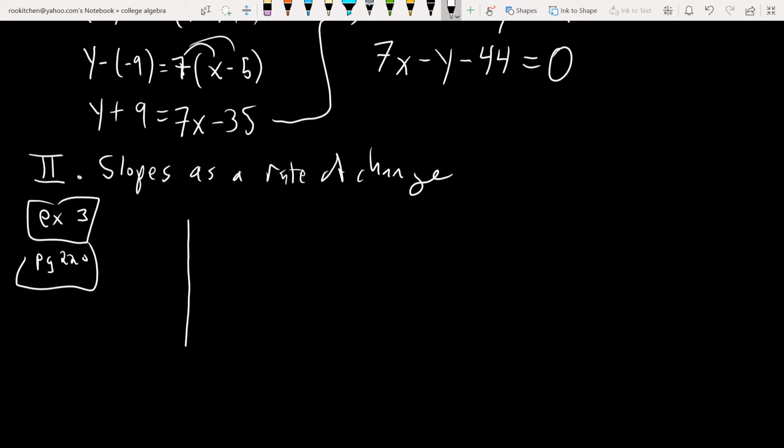So I'll try to draw it out here a little bit. There's the year on the x-axis, and we start at year 2000 at 0, and then 2002, and then all the way up to 2012. So it's going by 2s: 2, 4, 6, 8, 10, and then finally 2012. And then on the y-axis, there's the number of people living alone.